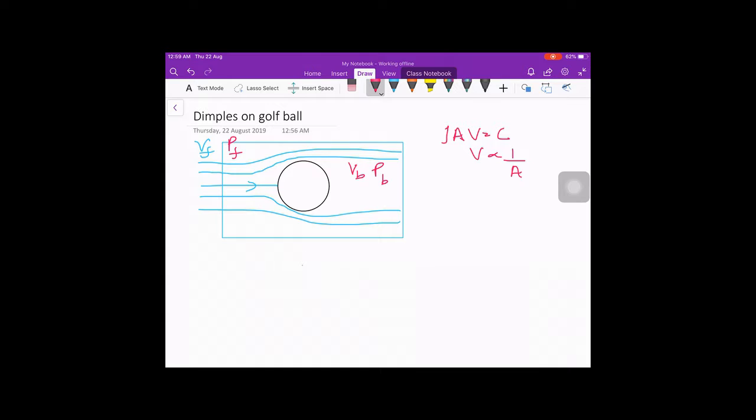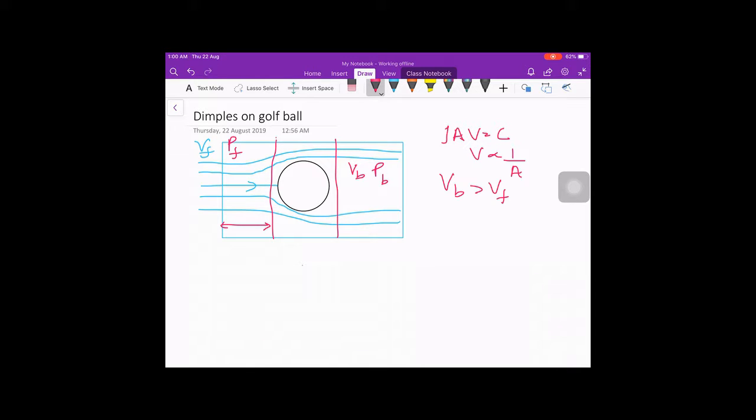In the region where I have the ball, the area is smaller than the region ahead of the ball. So as the area here is less, the velocity in this region, Vb, is greater than the velocity ahead of the ball. So Vb is greater than Vf.